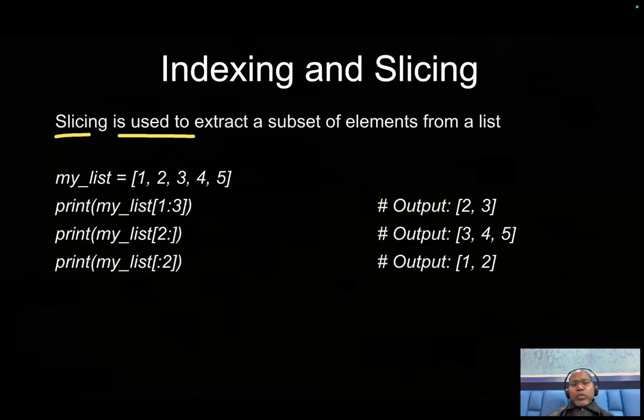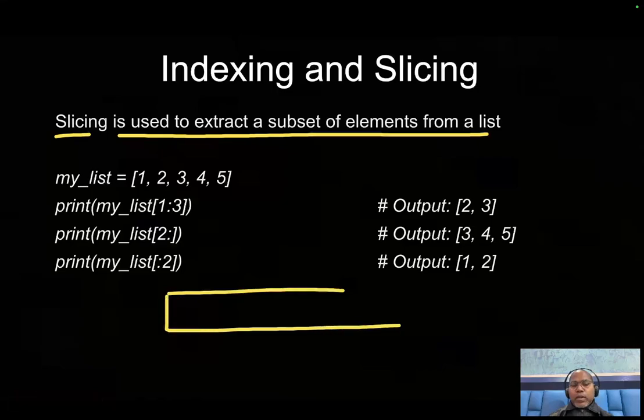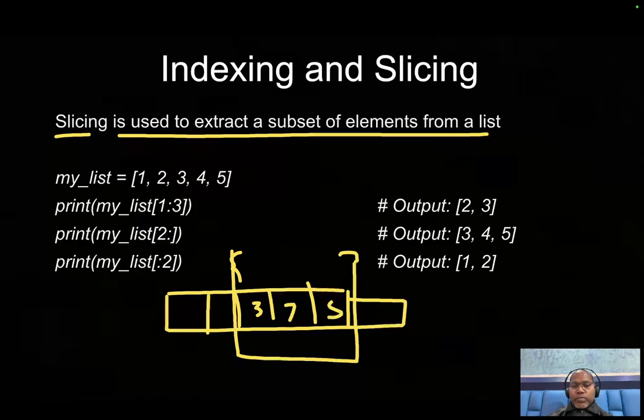Slicing is used to extract a subset of elements. What do you mean by that? So we have a list, and the list has a couple of elements. Here I want only this part of the list, but I don't want this number, this number, this number.